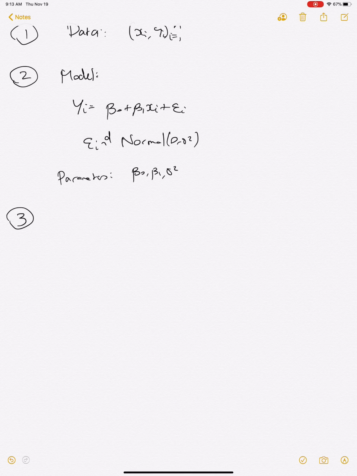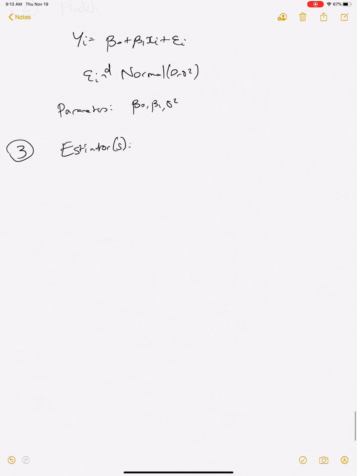And then the third thing here is the estimators, which is largely covered in the previous lecture. I'm not going to write out the definitions again because I've already done it about 3 times in lecture.